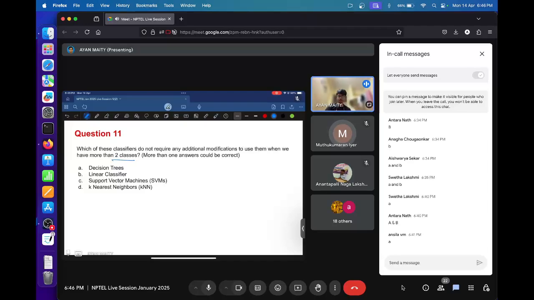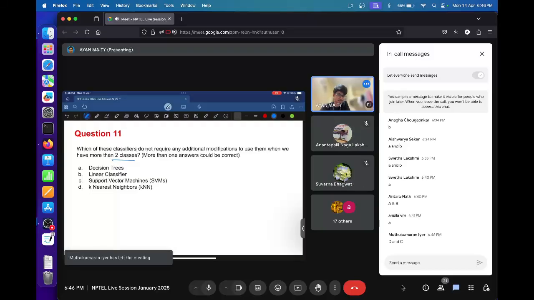More than one option may be correct in this question. So which classifier do not need any additional modifications even if we have more than two classes in our dataset?